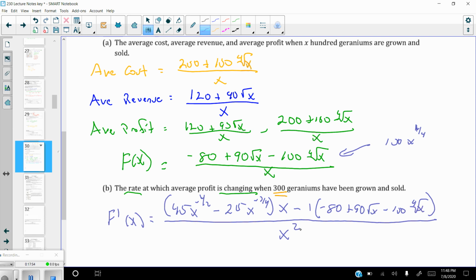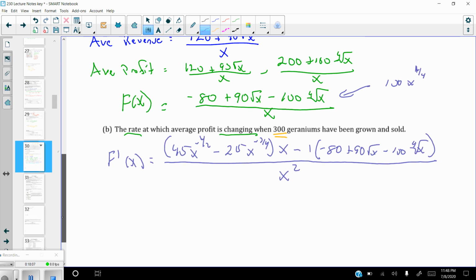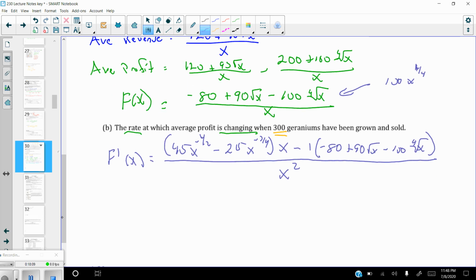All right, so now it says we want to actually figure out how the average profit is changing. We just found how the average profit is changing, but we want to find it specifically when we have 300 geraniums. So now we just plug 300 in for x, and we see what we get.